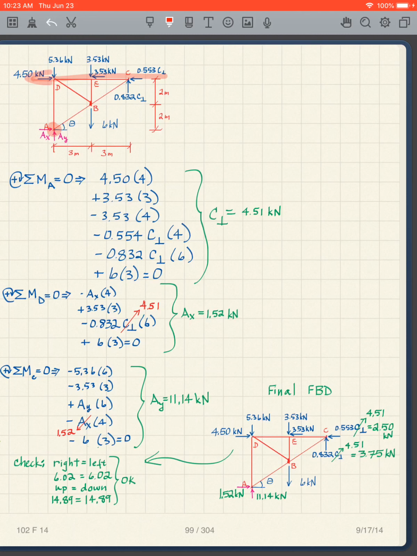0.553 C perpendicular times 4. 0.832 C perpendicular times 6. 6 times 3. And the directions: this is going to be clockwise, so it's positive.